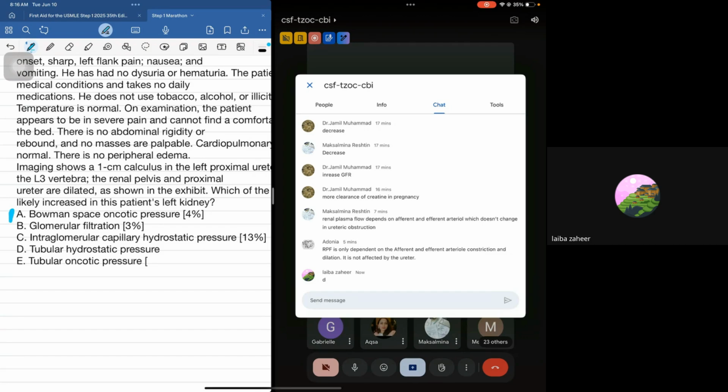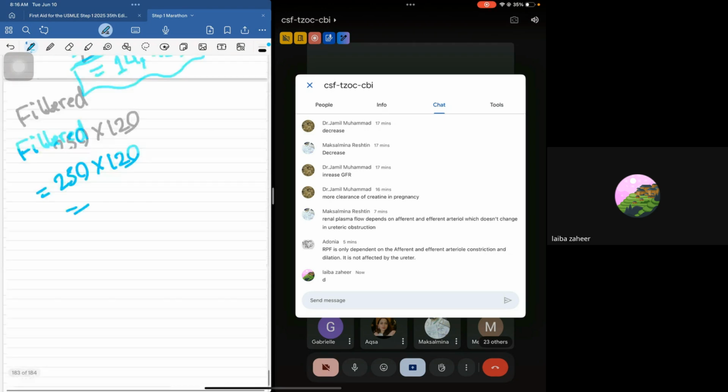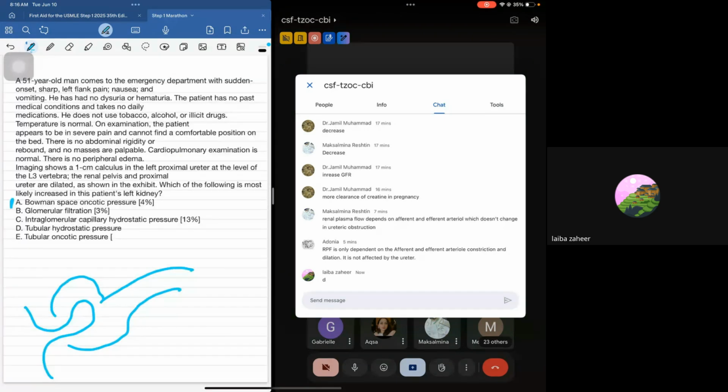The Bowman space oncotic pressure refers to proteins that are present inside the Bowman space. Let me draw the Bowman space once again. If this is the Bowman space and these are the blood vessels, then no proteins are present here.